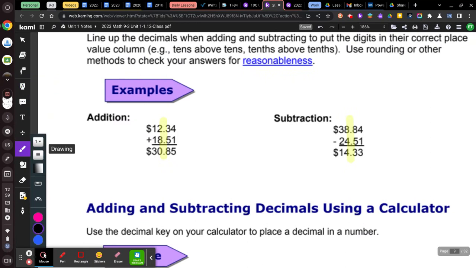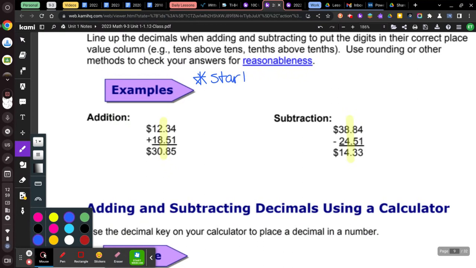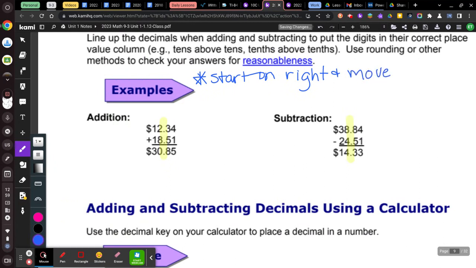That's something really important you need to write down: we start on the right and move to the left. We move left whether we're adding or subtracting.